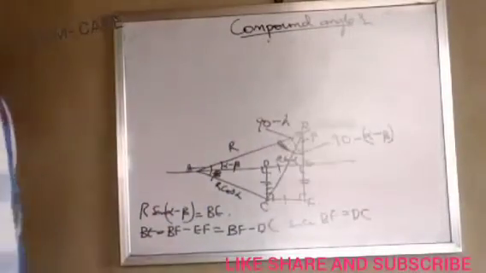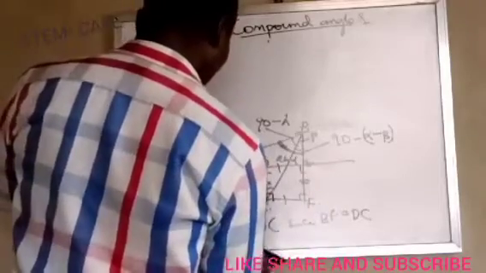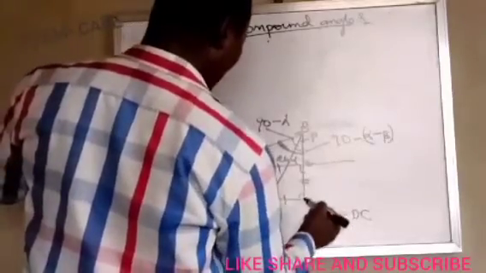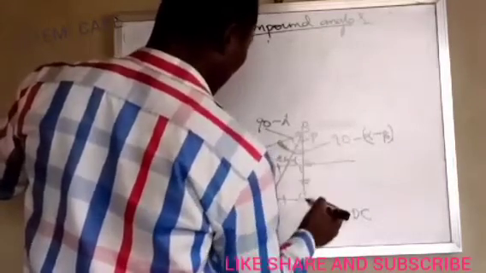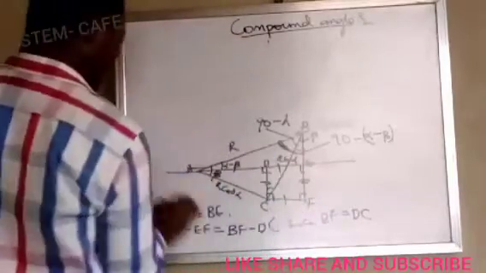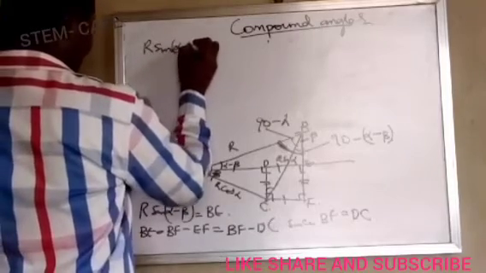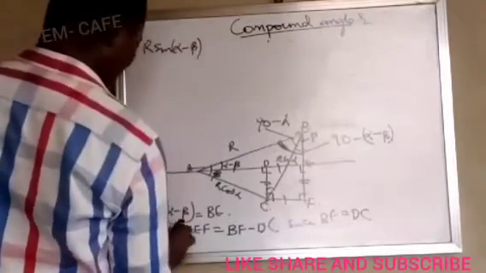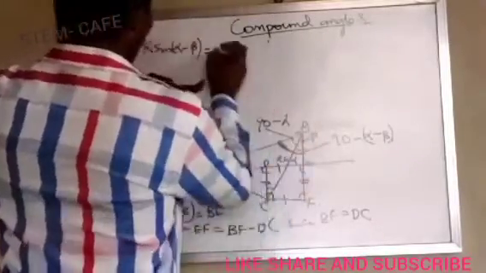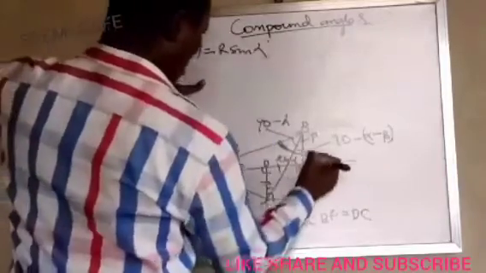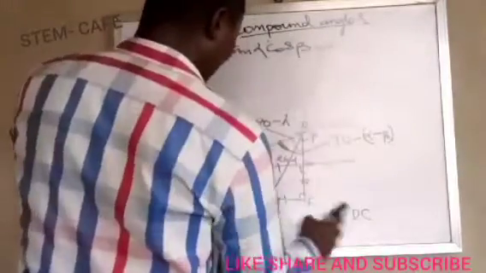Now, we have found all the necessary things. So, BF now is going to be R sine alpha cos beta. So, R sine alpha minus beta, which is BE, is equal to BF, which is R sine alpha cos beta minus, let's see, what is DC?